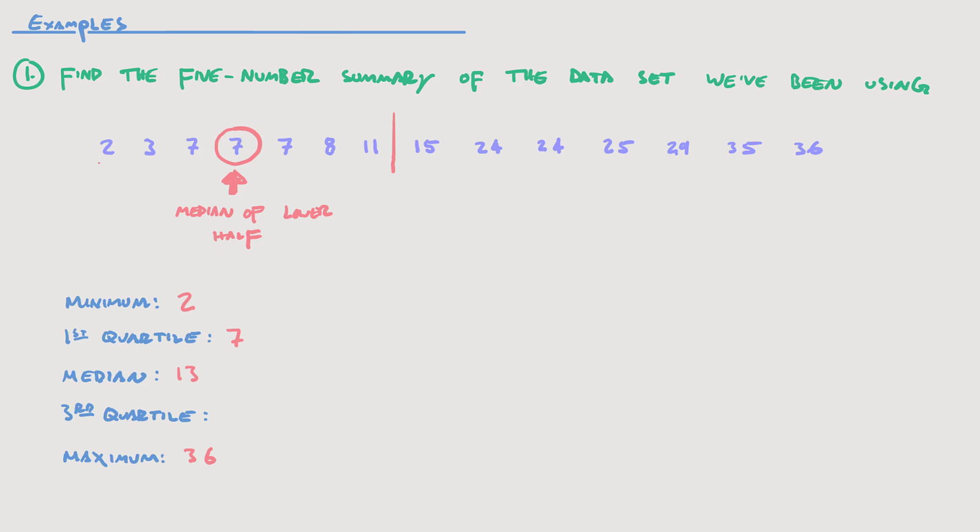There's 3 numbers to the left of it, there's 3 numbers to the right of it, and so that is going to be our median. That's the first quartile value. I meant to put value here. Pretend this says first quartile value. The first quartile is not 7, but the first quartile value is 7. Same with the third quartile value, which is 25. Because again, 3 numbers on the left, 3 numbers on the right. And so here's our 5-number summary.